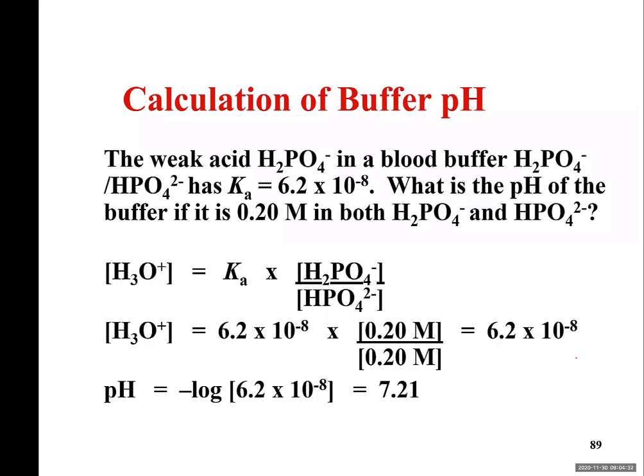I'm going to give you an example. Actually, this is one of the buffer systems in our blood. This is the weak acid. And this is the conjugate base of the same weak acid.